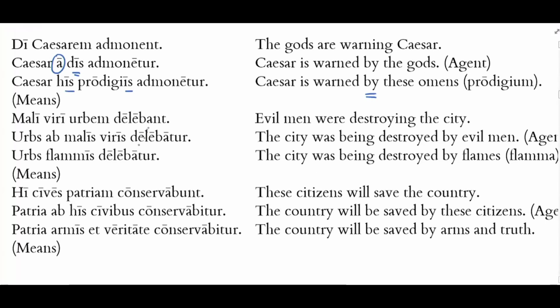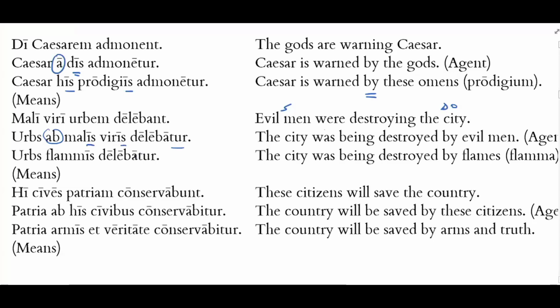Okay? So real quickly, Mali viri urbem delebant. The evil men were destroying the city. So the agents are the subjects because it's an active verb, right? The patient is the direct object because it's an active verb. But I could make the city the subject of a passive verb. The city was being destroyed. Urbs delebatur. Okay? But if the agent is a personal agent, I use a or ab plus the ablative case.